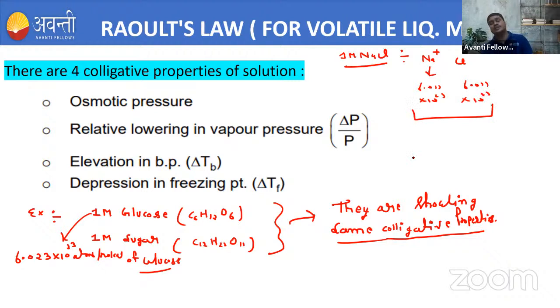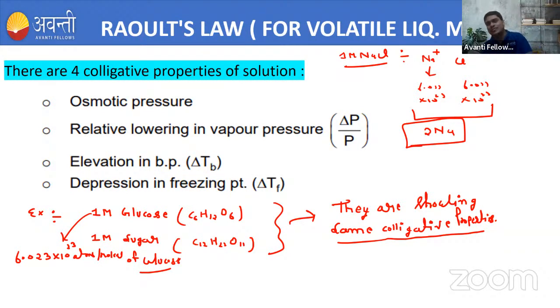So in 1 molar NaCl, the number of solute particles is twice, so they give the colligative property twice as compared to glucose and sugar. If I ask you, we have 1 molar glucose, 1 molar sugar, and 1 molar NaCl, just due to the nature of ionization and dissociation of NaCl, because it is a salt, it easily dissociates into 2 moles, so it gives twice the particles as compared to these. So out of 1 molar glucose, 1 molar sugar, and 1 molar NaCl, which will have more elevation in boiling point or depression in freezing point?